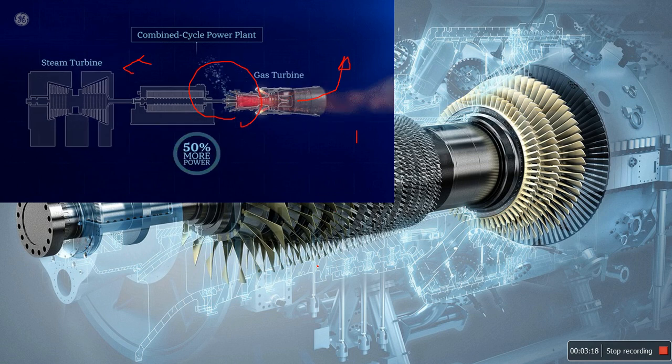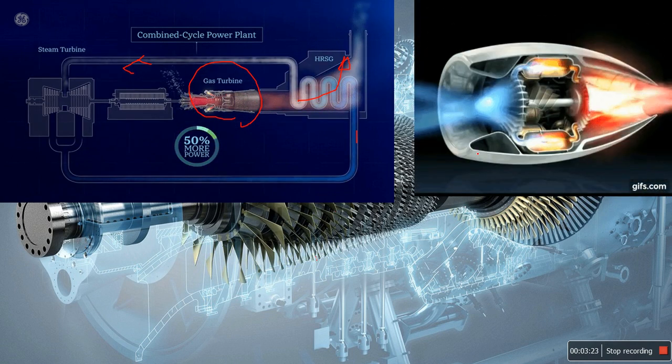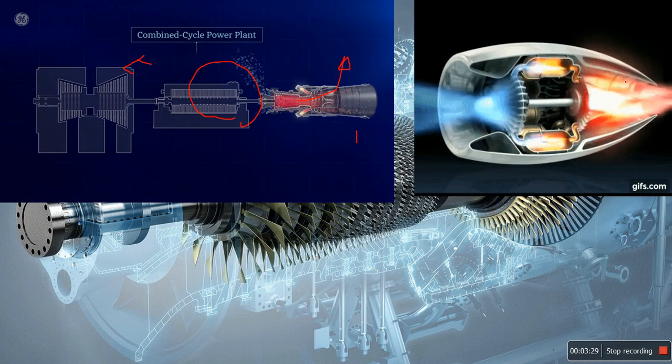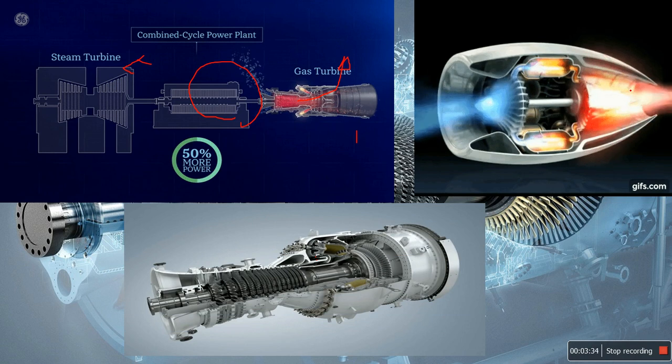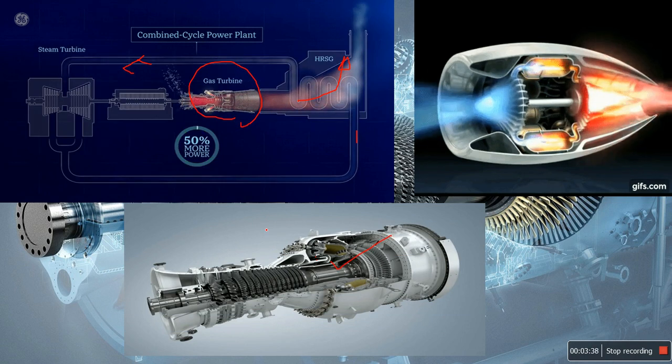Now see what jet propulsion is. In jet propulsion, the exhaust flows through the nozzle in order to get maximum thrust. The gas turbine here is used for mechanical power.